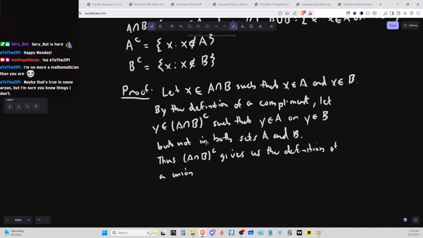Technically a union would include everything in the intersection, but the complement part is supposed to be not the intersection. But if it's not an intersection, then it must be like a union of the sets, I think. So I think it might still work. We probably just don't need this line here.